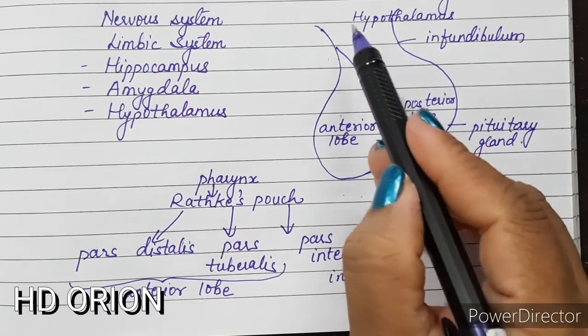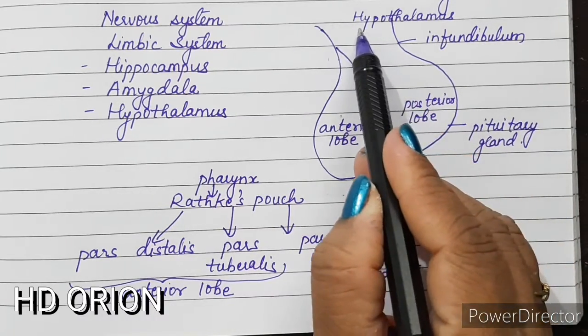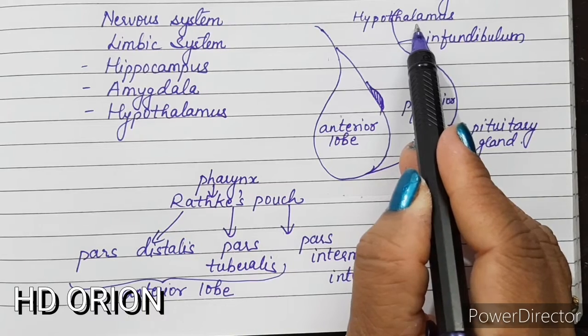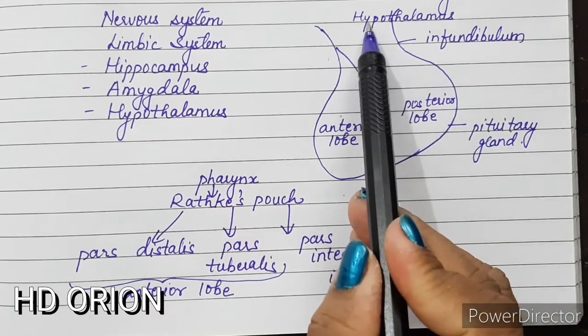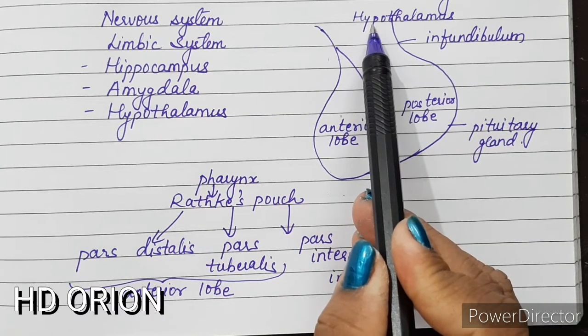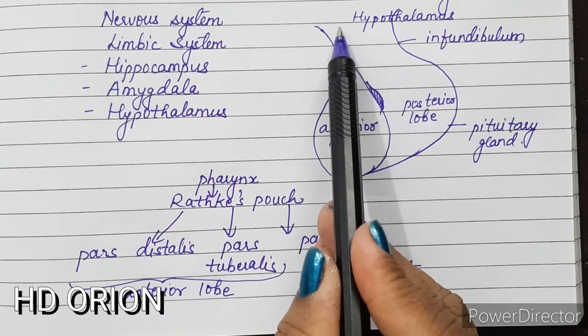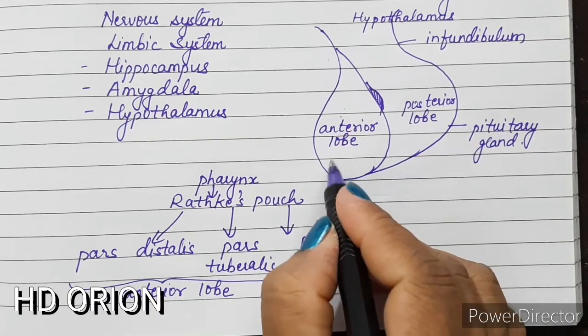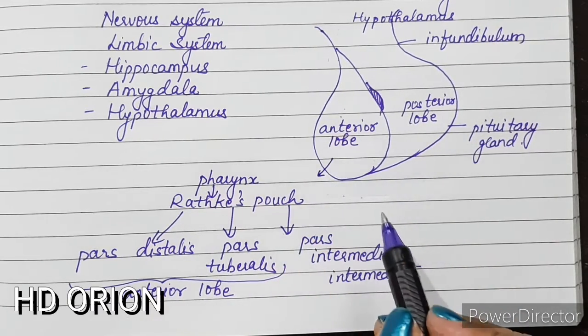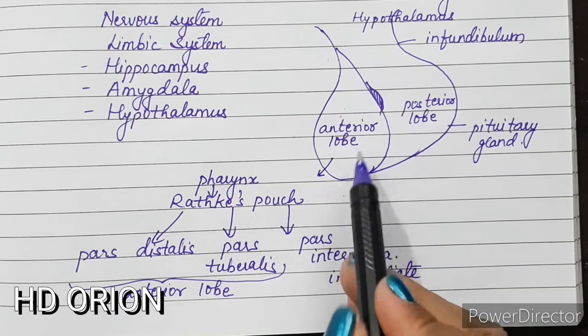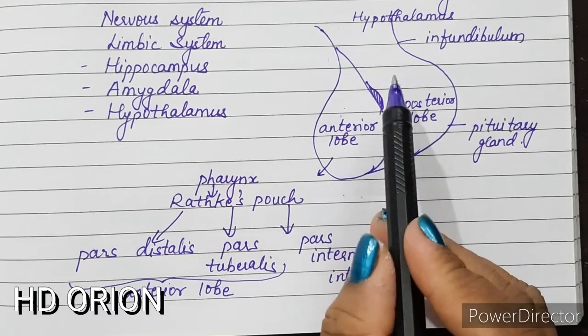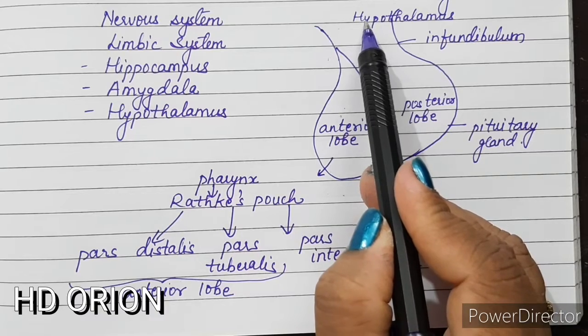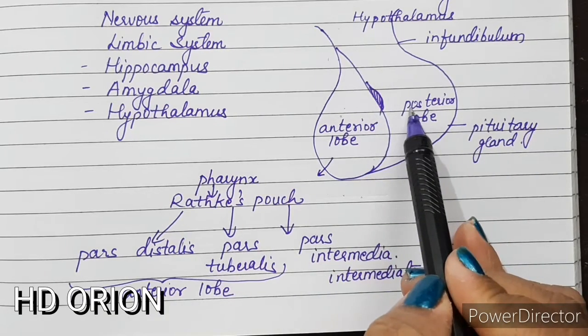So what happens is that hypothalamus has certain cells, and these cells secrete the hormones. The hormones that are secreted by hypothalamus are called as neurohormones. These neurohormones come via this direction into the anterior lobe, and from the anterior lobe there are several hormones, 7 hormones that are secreted, and there are certain hormones which are also secreted to the posterior lobe.